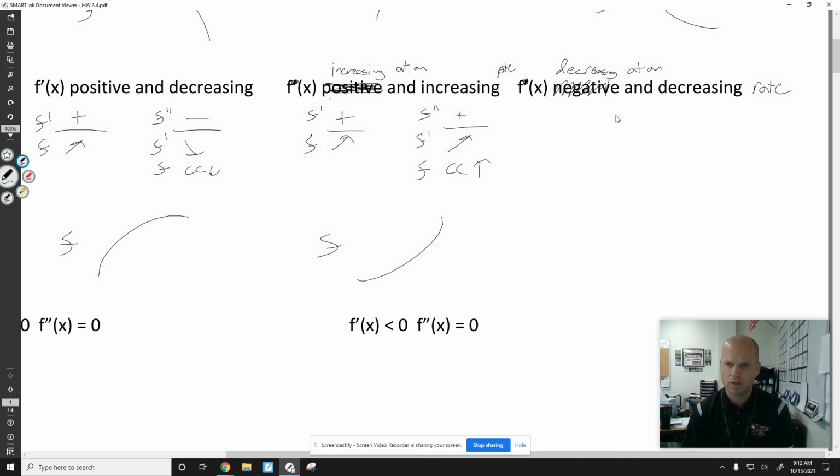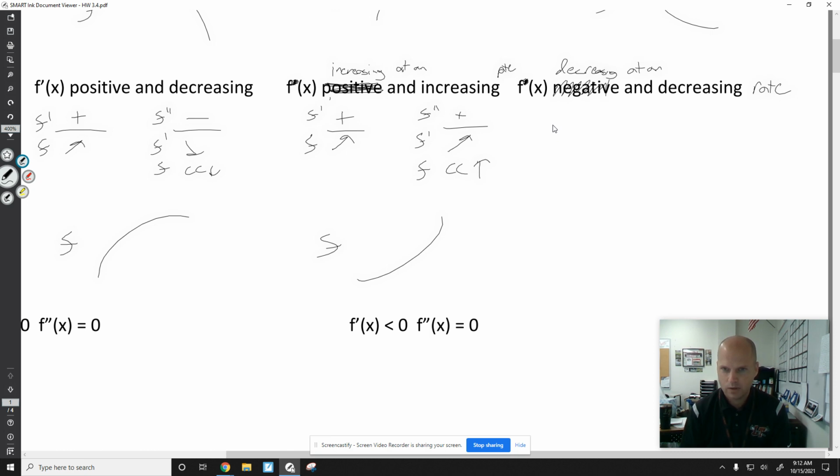They're like, oh, we're decreasing, but the rate at which we're decreasing is decreasing, and they think it looks like this. But this is actually wrong. The slopes are actually increasing from more negative to less negative, like -4, -3, -2. That's increasing. So instead of reading and trying to sketch, just do your sign analysis.